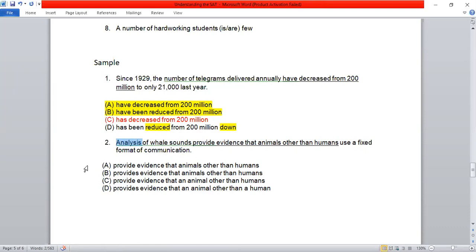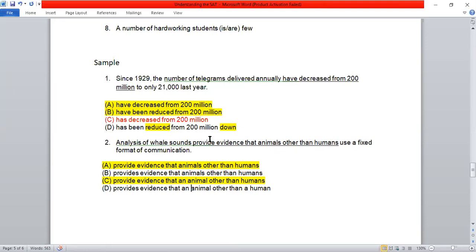So option A cannot be correct because provide is plural. Remember, verbs with S are singular. Provide over here is plural. Provides is singular. Analysis of whale sounds provides evidence that animals, or an animal.